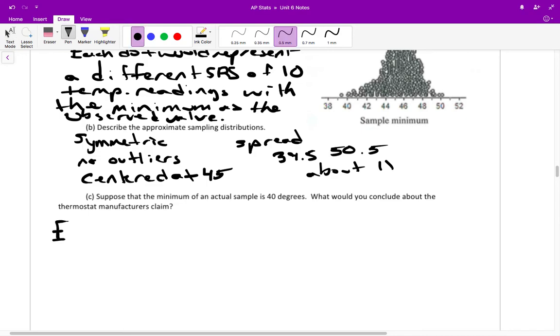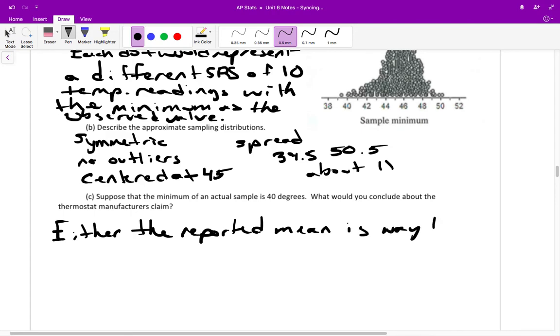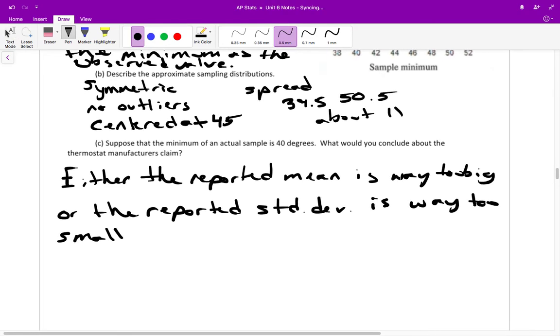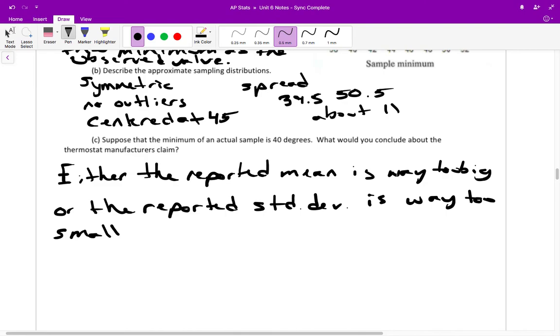Either the reported mean is way too big, or the reported standard deviation is way too small, because 40 would be way too far away to be an accurate representation of your sampling distribution.